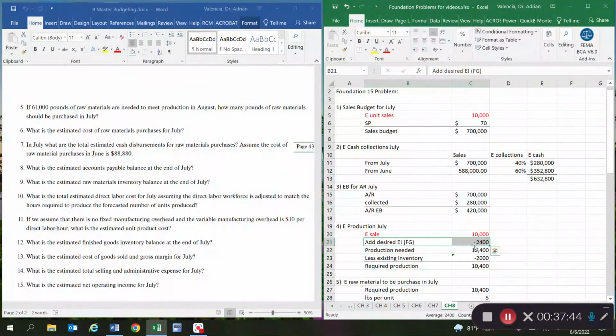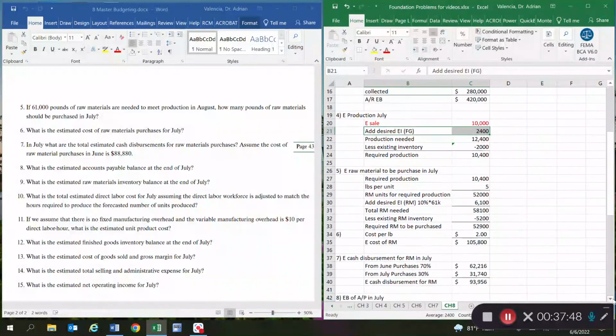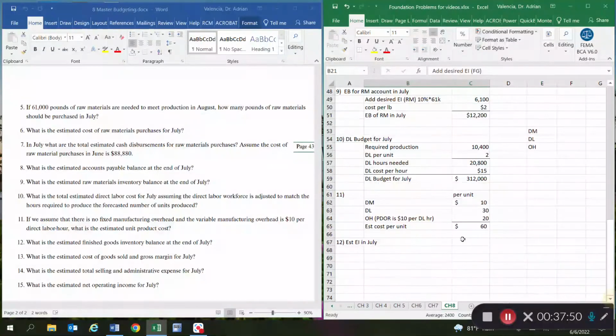That's what we're going to have left over in finished goods at the end of July. So that 2,400 is ending inventory of finished goods in July in units.